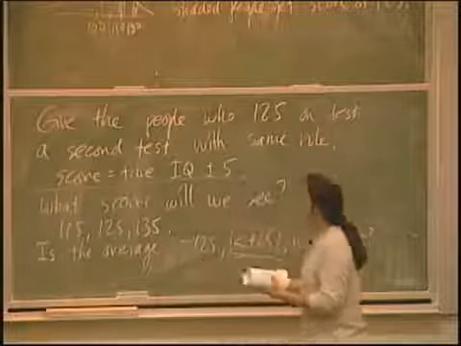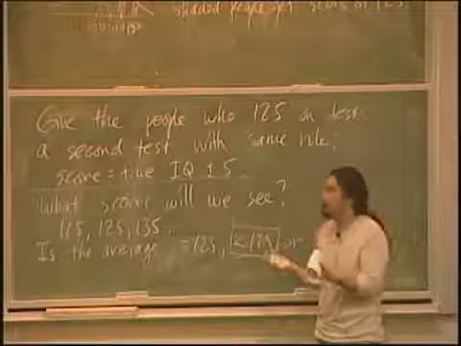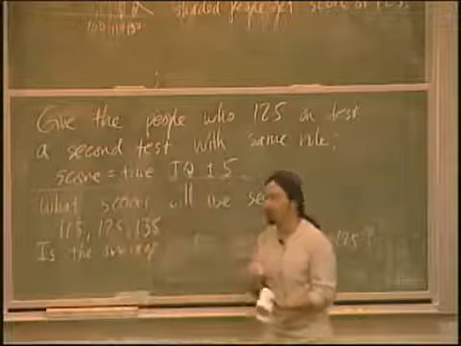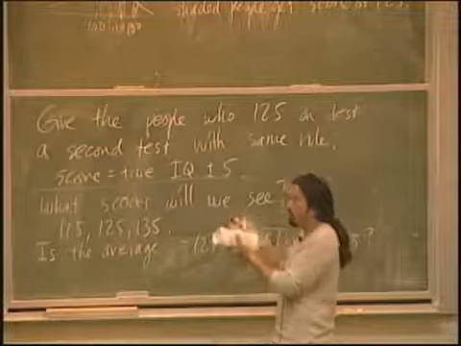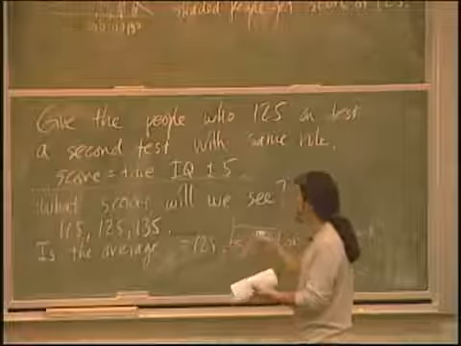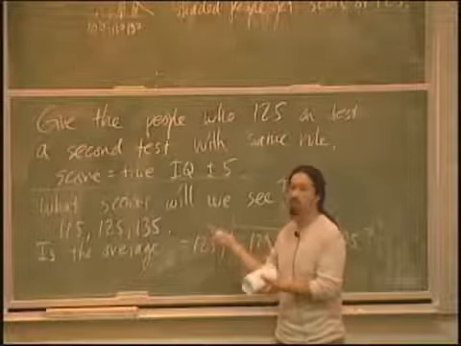So are these people in this room on average lucky or unlucky? Well, on average, they're lucky. There are more people that got a +5 than there are people that got a -5. So the people in the room are not only smart, but on average, they're lucky. Next time they take the test, the luck evens out. Half of them get +5, half of them get -5.